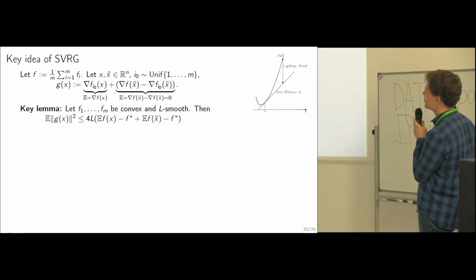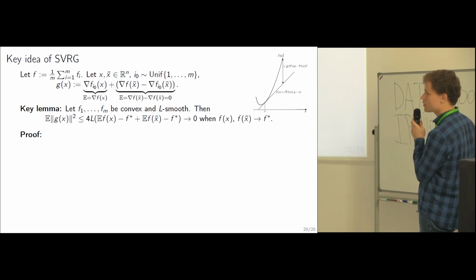Let us look at this expression. It has two terms here, and both terms are of the type the error in estimating the function. So we see that when our method converges, eventually, if it minimizes our function appropriately, this term converges to 0, and this term converges to 0.